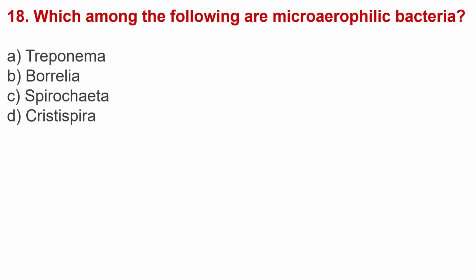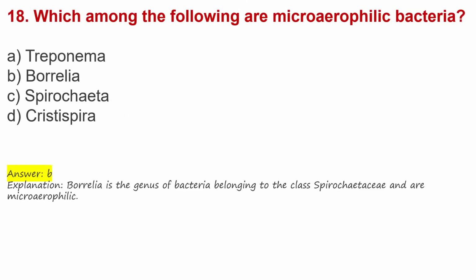Question 18: which among the following are microaerophilic bacteria? A, Treponema; B, Borrelia; C, Spirochaeta; D, Cristispira. The answer is B, Borrelia.